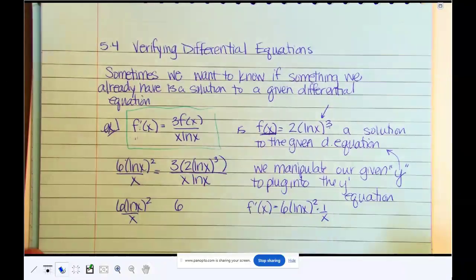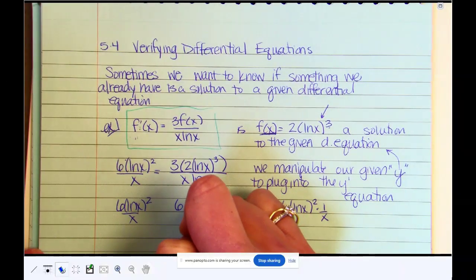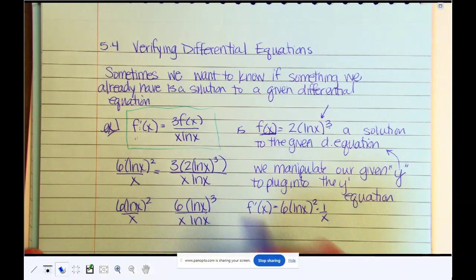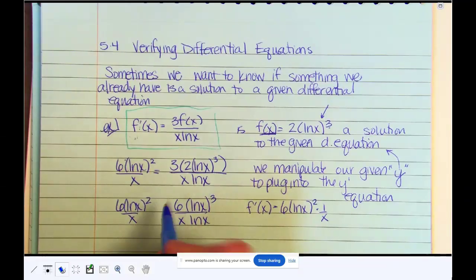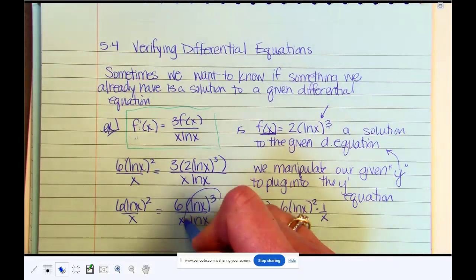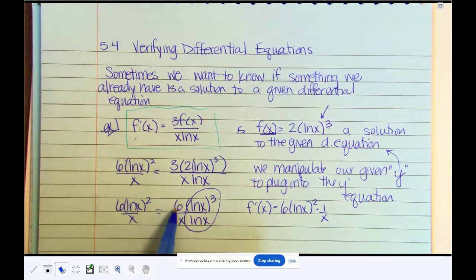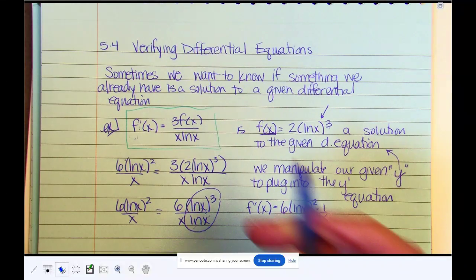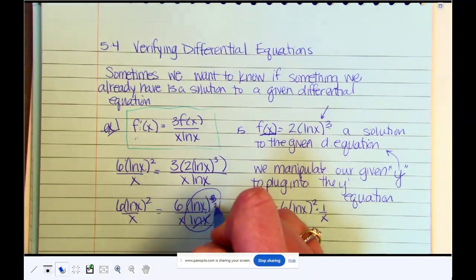That's a good sign. Natural log of x cubed over x natural log x. So I've got the 6 over x, 6 over x. This reduces here. I've got a natural log x on the bottom and 3 of them on the top. So I can cancel, and that gives me 2.